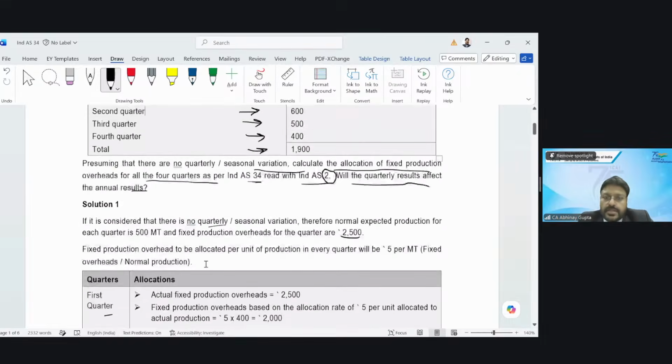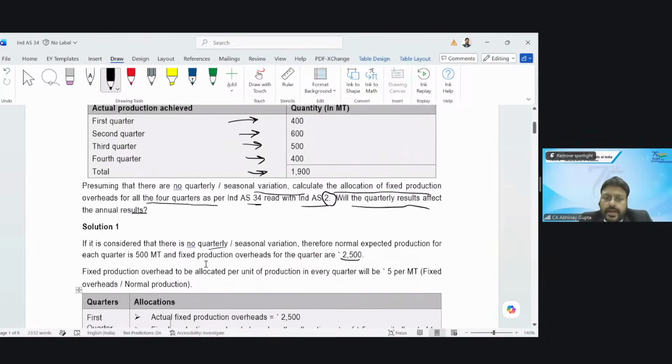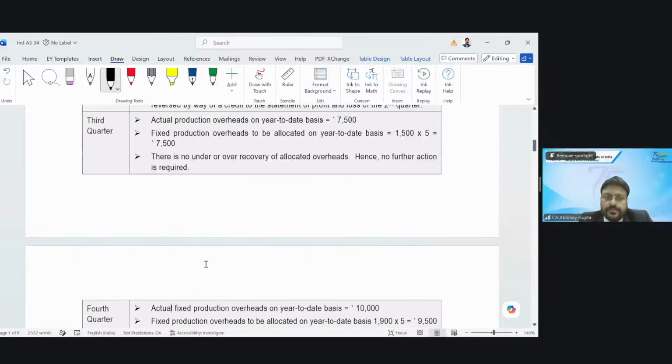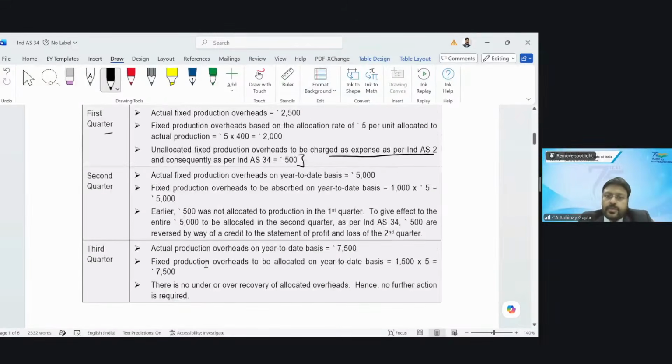Production is 600, right? So in this case, what will happen? Actual production on a year to date basis is 1,000, 400 plus 600, and 5 rupees was the charge rate. So 5,000 should be the cost. What will happen?